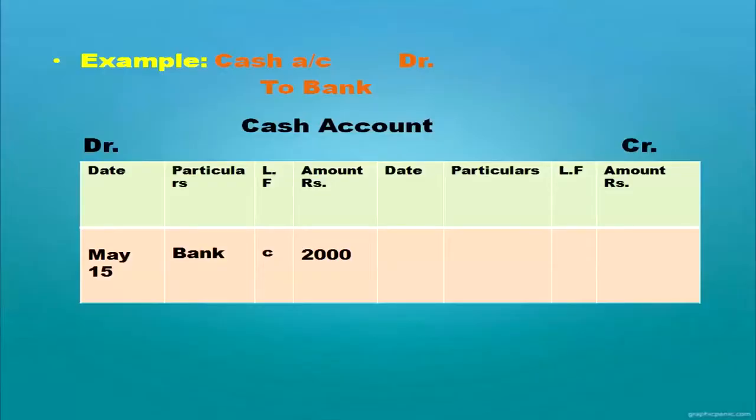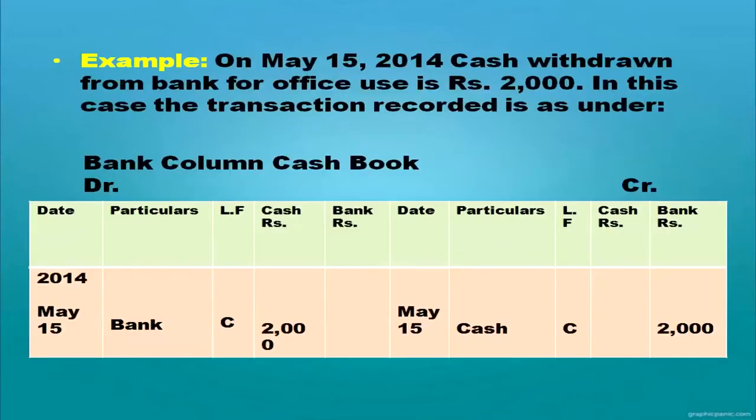That is the way you have to think. In the cash account you will post the amount of the cash column. So when you are opening the cash book with a bank column, it will be posted on the debit side To Bank and the amount will come in the cash column.